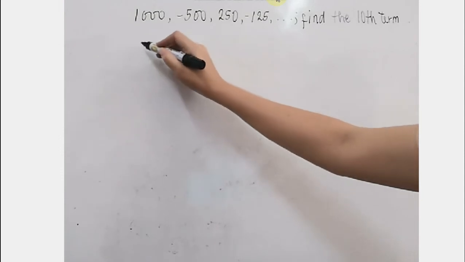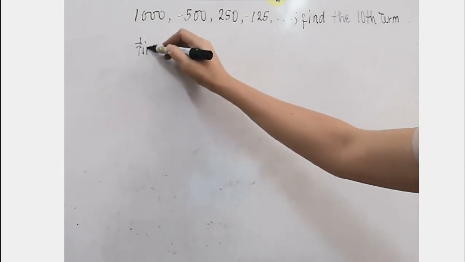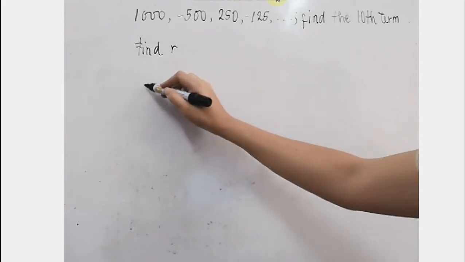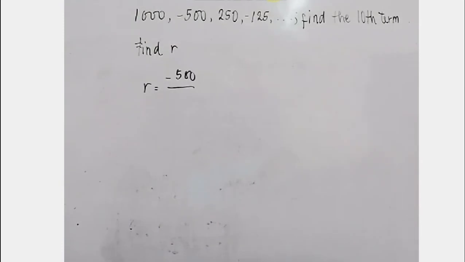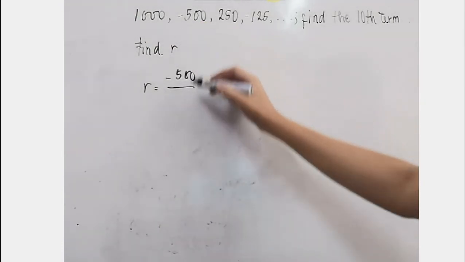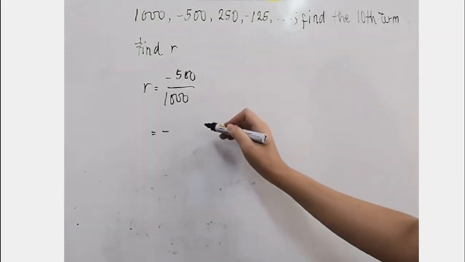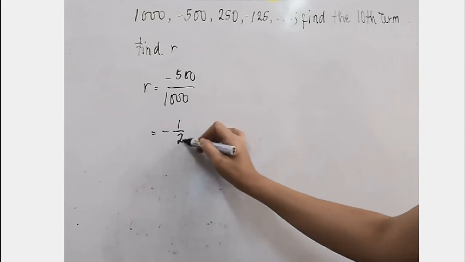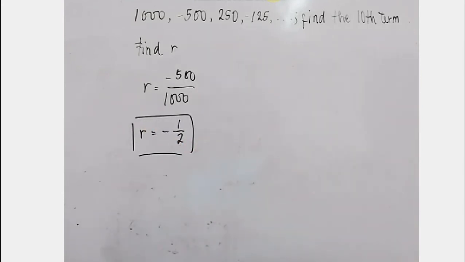So, solve for r or find r. R is equal to -500 over the a sub 1, which is 1,000. Simplify that one, we have -1/2 as our common ratio.